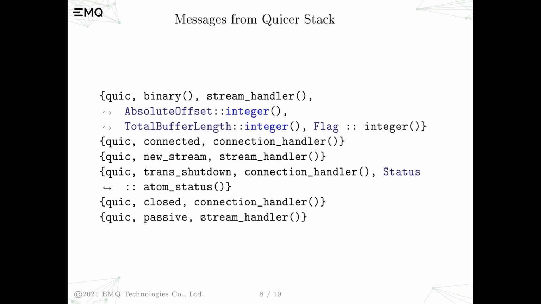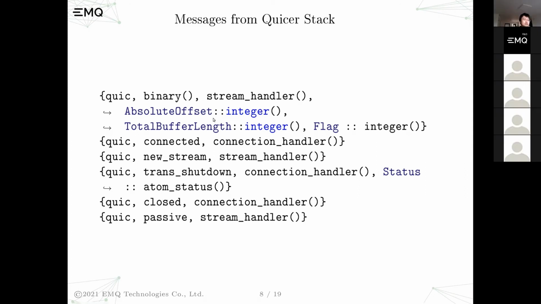Let's talk about the messages from the QUIC stack. As I showed you in the callback context, the worker will shoot some events to the owner process. Some process could be the owner of one stream, or one connection, and it will receive events like a new stream. That's what we call ownership. This is very similar to what OTP is doing.